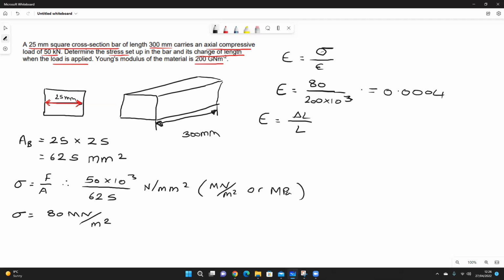We've worked out the strain, and we've also been given the length of 300. So if we manipulate this, change in length equals strain multiplied by the length given, we can then work out the change in length.